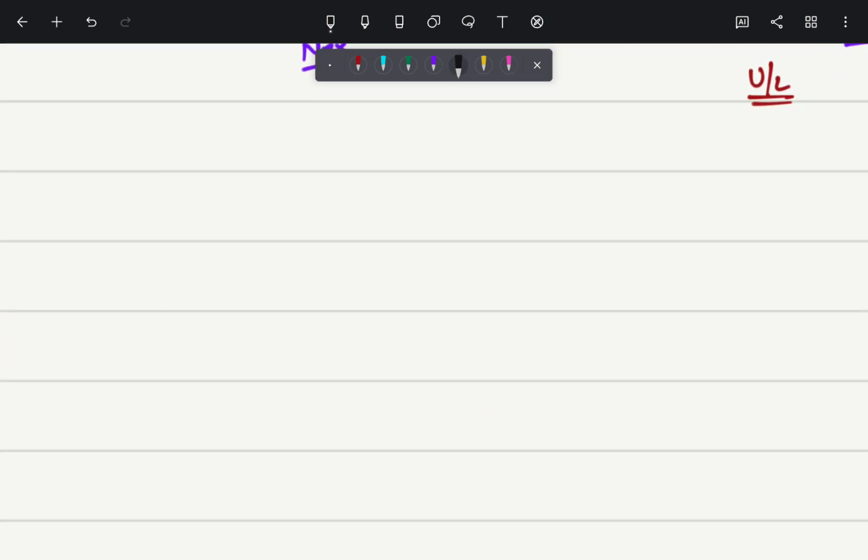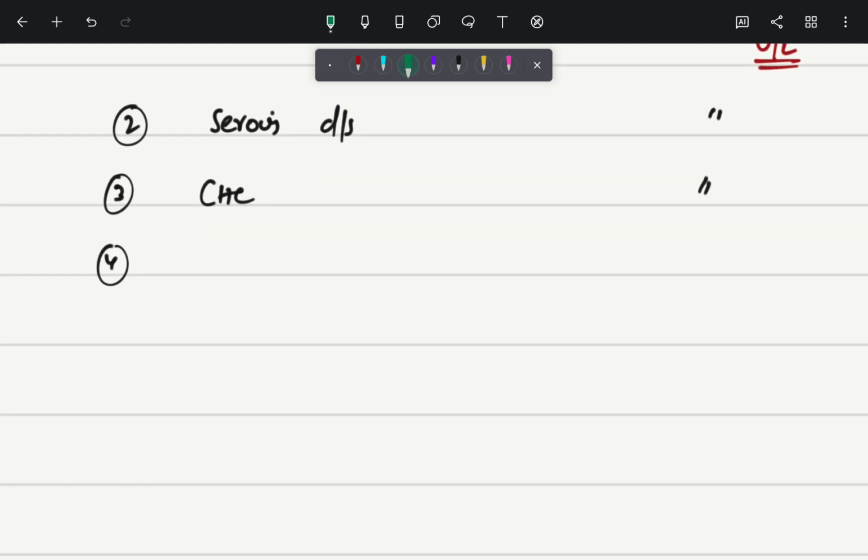The second important thing is that there will be serous discharge in both of these patients. Not only that, sometimes these people can have conductive hearing loss, and there will be adenoid faces in these people.